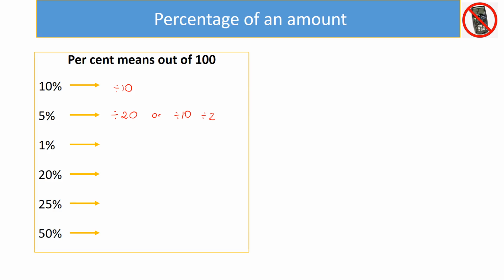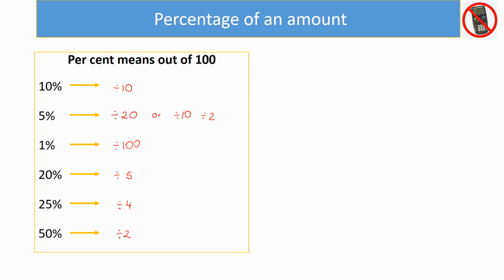Okay, so then if you want to work out 1%, you simply divide by 100. If you want to work out 20%, you divide by 5 because you have 5 lots of 20s in 100. If you want to work out 25%, you simply divide by 4 because you have 4 lots of 25s, and if you want to work out 50%, you divide by 2 because you have 2 lots of 50s, or in other words, 50 obviously is a half of 100.